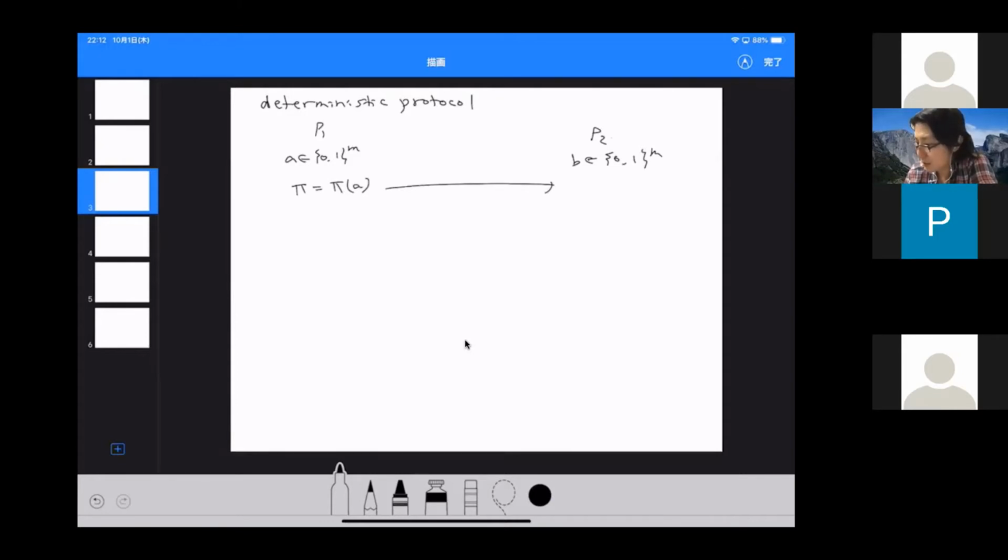In general, P1 and P2 can communicate interactively, but for simplicity, we consider just one-way communication. This problem is already interesting enough. So based on this message pi, P2 computes the value d_P2 of pi, and we require that this output coincide with the equality function for every a and b.